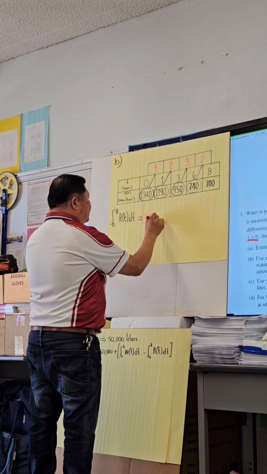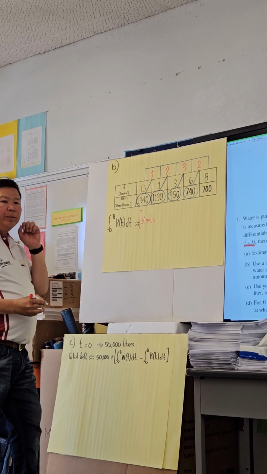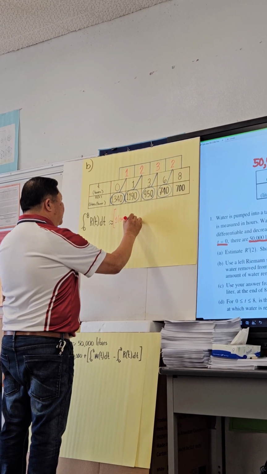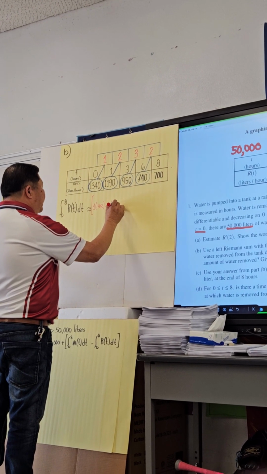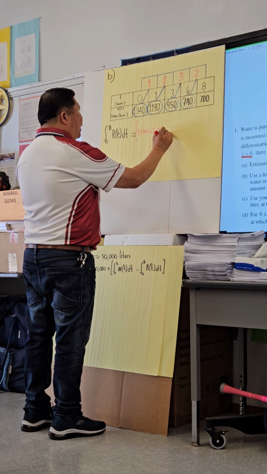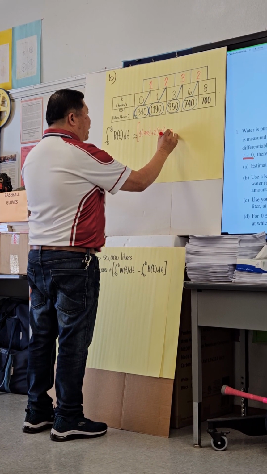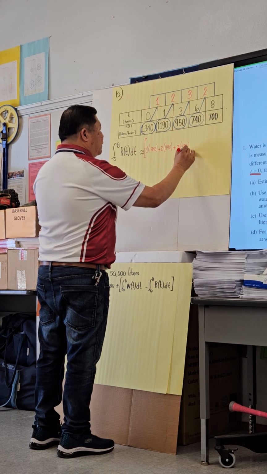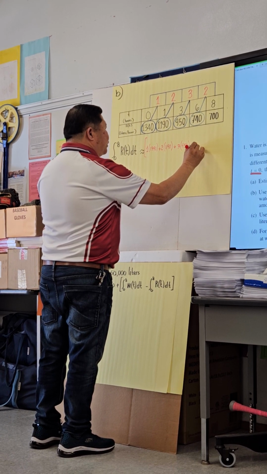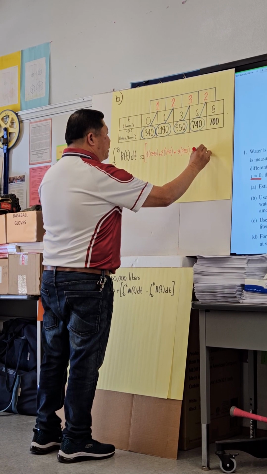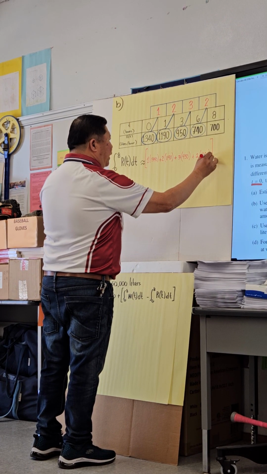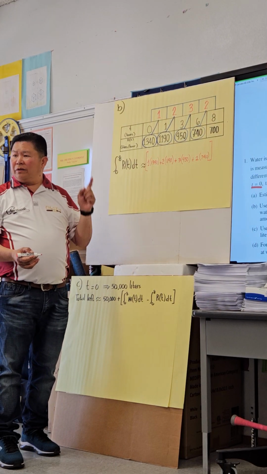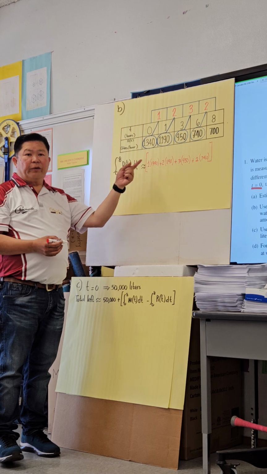Okay, next, plus 2 times, so write it this way before you do calculator, 1,190, and then plus 3 times 950, and then plus 2 times 740. Okay, so by writing this, you already have how many points? 1 point, right? 1 point for this.